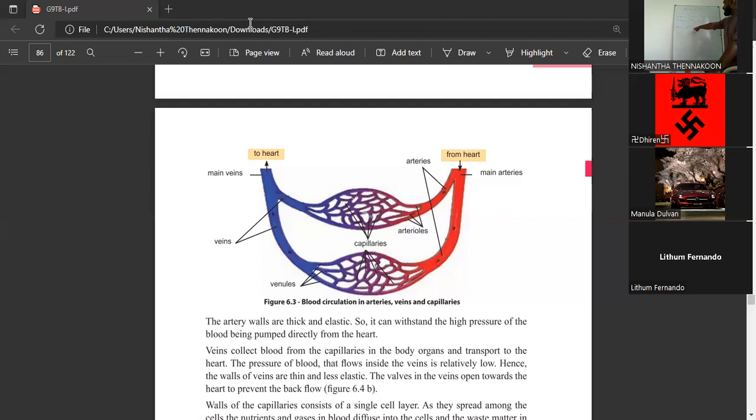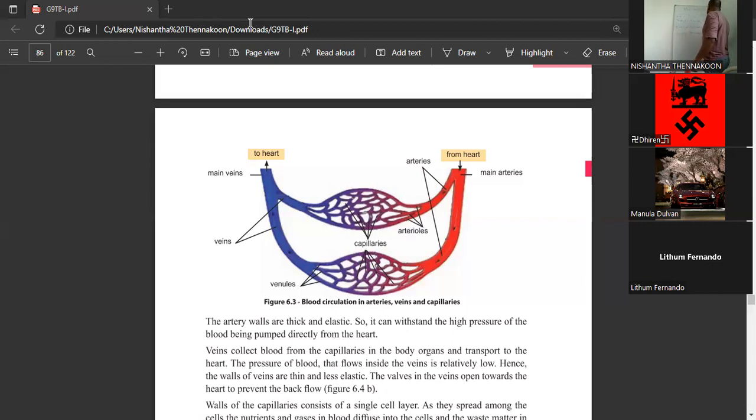So then we wrote one difference: elastic wall, elastic and not elastic. I was telling you about valves, right? Veins have valves in them. Arteries have no valves.